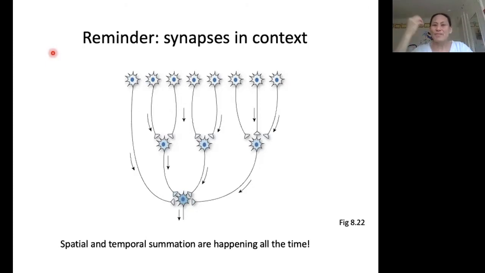It's constantly being barraged with all these inputs. It's doing spatial and temporal summation all of the time, okay? And so spatial summation and temporal summation don't really occur in isolation. Really what the postsynaptic cell is doing is a combination of both because it's just getting so many inputs all of the time, okay? All right.